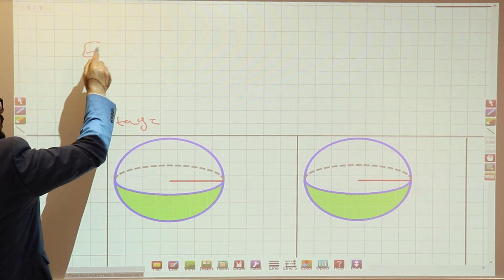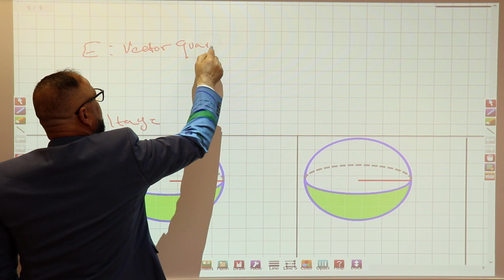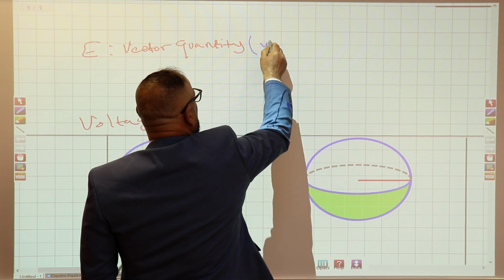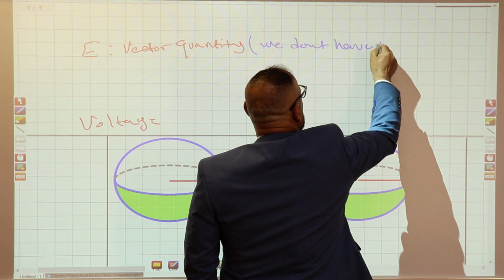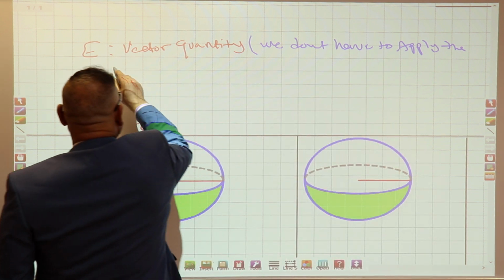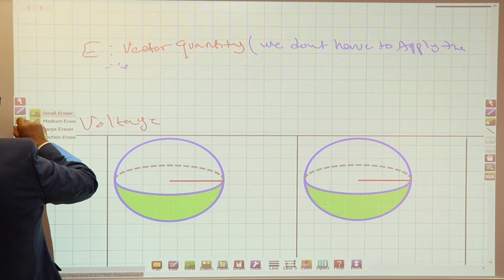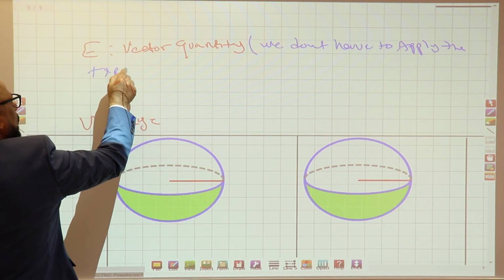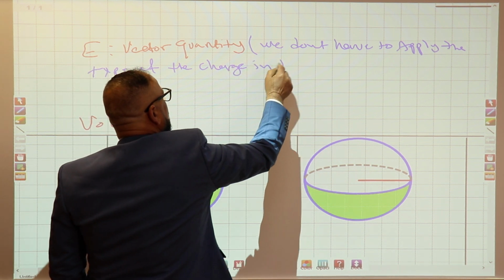Electric field, which is E, is a vector quantity, so we don't have to apply the type of the charge in the formula.